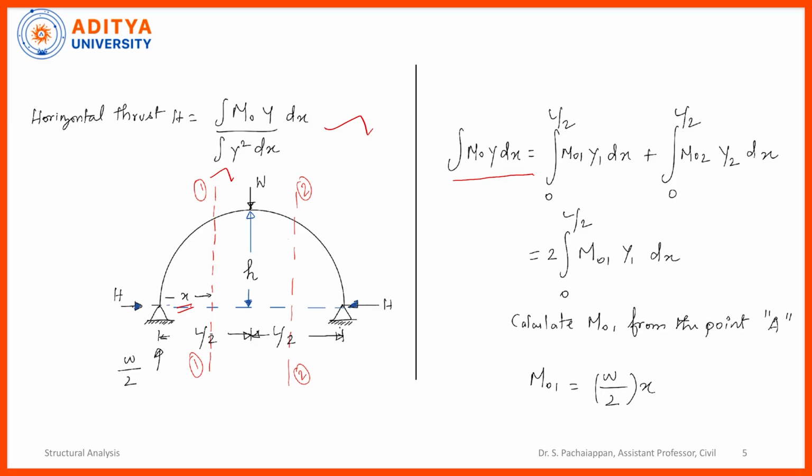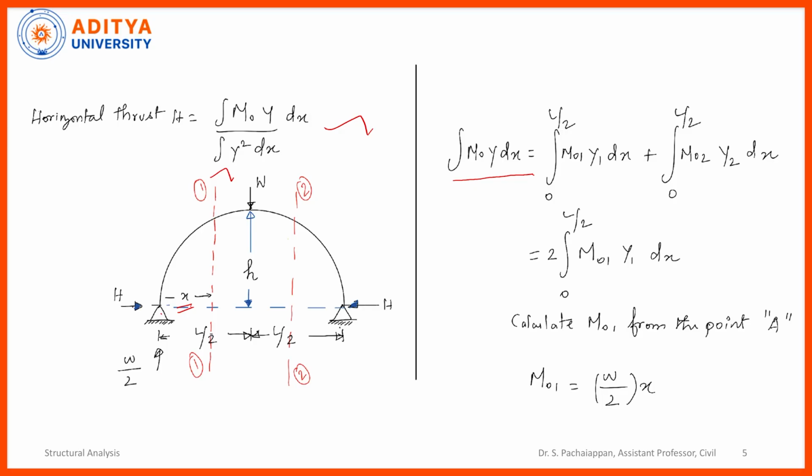One is 0 to L by 2, and another one is also 0 to L by 2. You may ask, sir, if it is 0 to L by 2, then the next boundary condition should be L by 2 to L. Yes, that is correct. But since it is a symmetrical section, if you consider 0 to L by 2 and once again 0 to L by 2, there is nothing wrong in that. So integral 0 to L by 2 of M naught y1 dx plus integral 0 to L by 2 of M naught y2 dx.